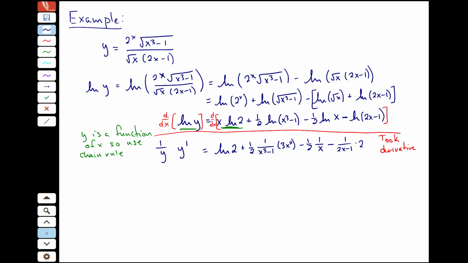So, I'm going to solve for y prime by multiplying both sides of my equation by y.